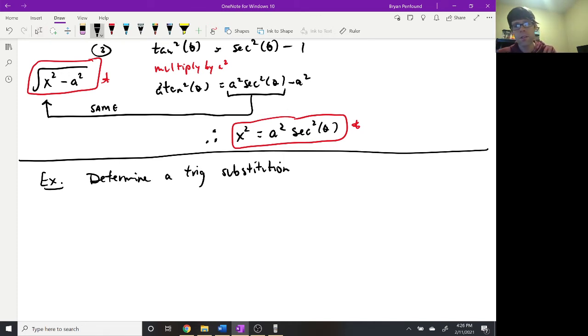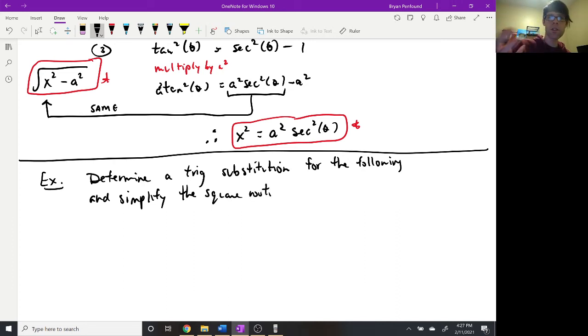So determine a trig substitution for the following. We're going to determine a trig sub, and we're going to simplify that square root out.